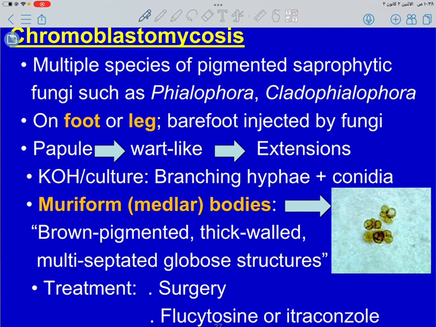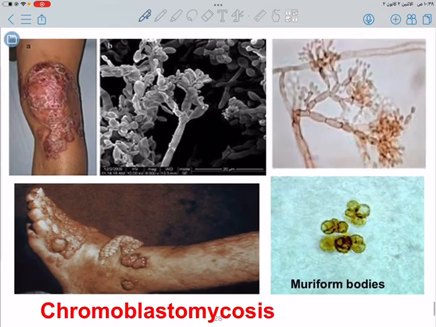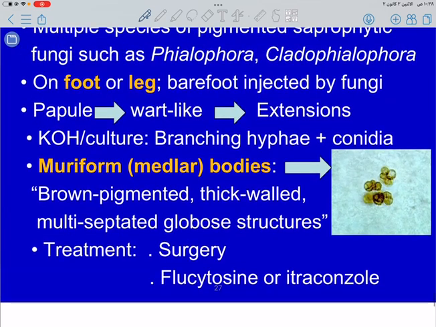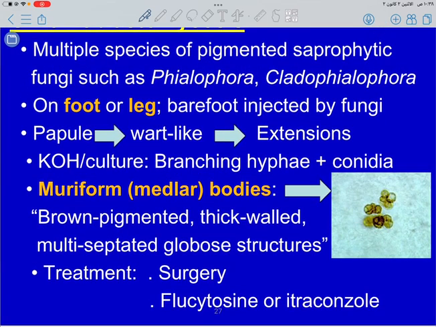Okay? وشوف هاي البودي. It's called the muriform body. Okay, so you get papule, wart-like extension. KOH and culture we use for diagnosis. You can see branching hyphae and conidia. There are characteristic bodies زي ما حكينا الأستيرويد bodies قبل شوي. هون في muriform or medlar bodies، إما تسمى muriform or medlar bodies.